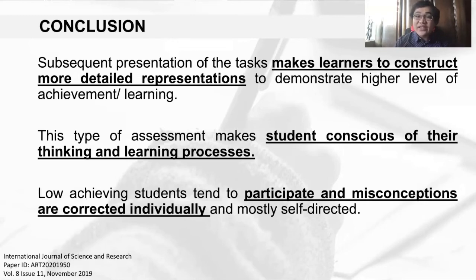Since the activity is very authentic, once they draw or illustrate, you can already identify the misconception, and it can also be corrected. And the low performing students can participate since this is not a calculation, this is not an essay, but it's a drawing. Those who are artistic students can also participate.